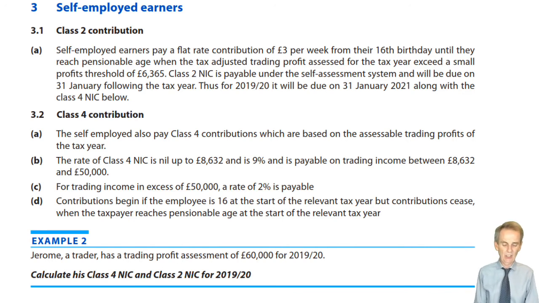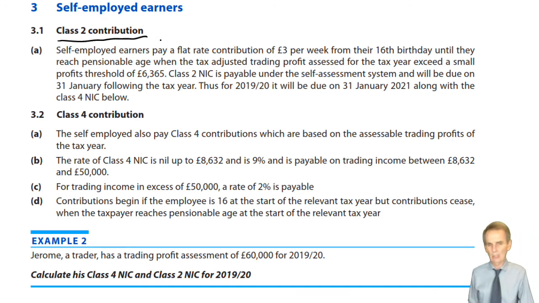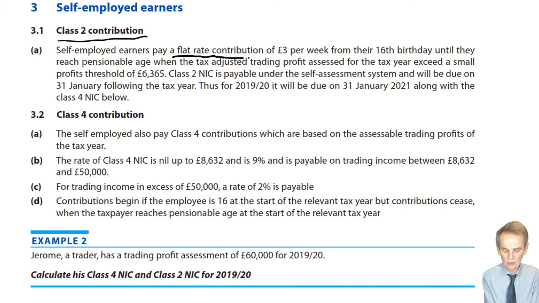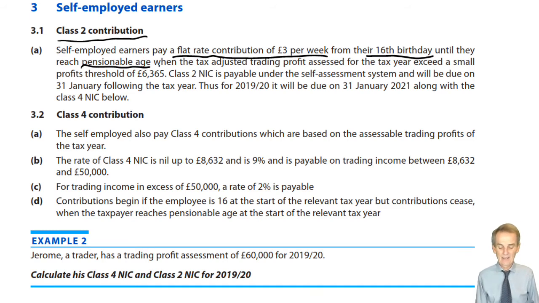But what are these amounts? Firstly, a Class 2 contribution, or at least for a while yet a Class 2 contribution. Self-employed earners pay a flat rate contribution, £3 per week. Again, starting from their 16th birthday, and again, as it's an individual cost until they reach pensionable age.